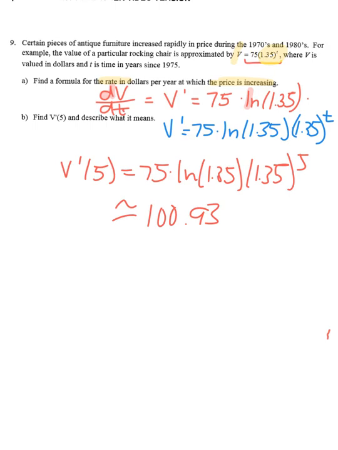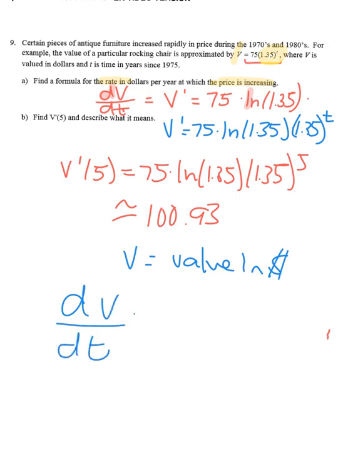So we've got to work on our labels here. Our original function gave us a value in dollars. Then if we looked at the derivative of that with respect to time, it'd be the change in value according to the change in time, which in this case is years.